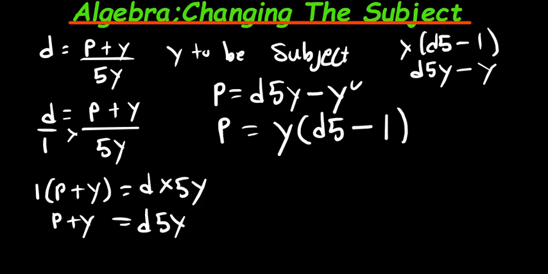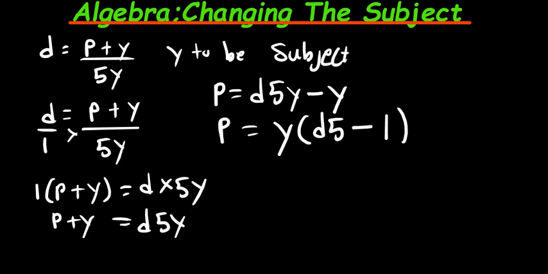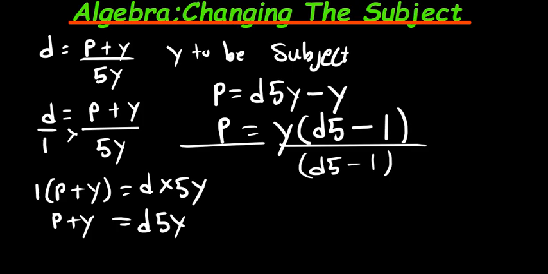Now, we have to continue by making y the subject. Therefore, we divide both sides by (d5 - 1), so we remain with y. When we divide, it will be just 1, and 1 multiplied by y will be y.